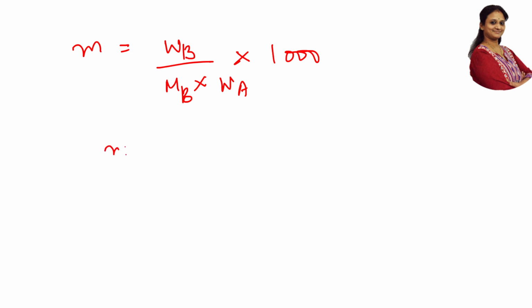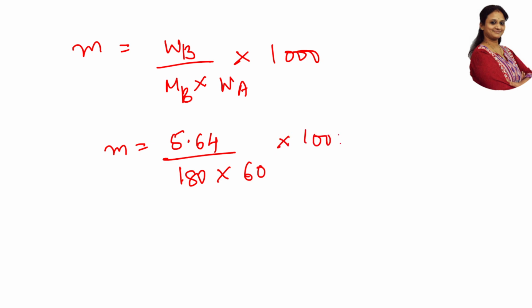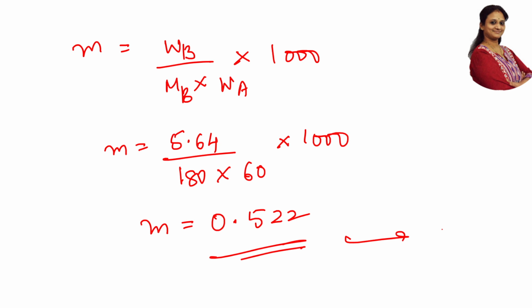MB of glucose, they said, is 180 grams. How much is the weight of the solvent? 60 grams is the weight. That is what they said. 60 grams of water. So 60 into 1000. That's all. When I divide, I got an answer of 0.522. So 0.522 molal is the answer.